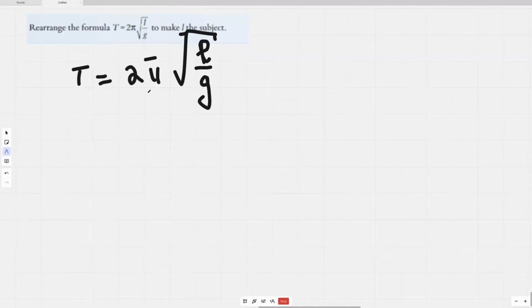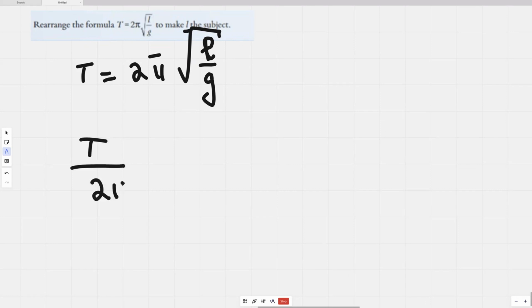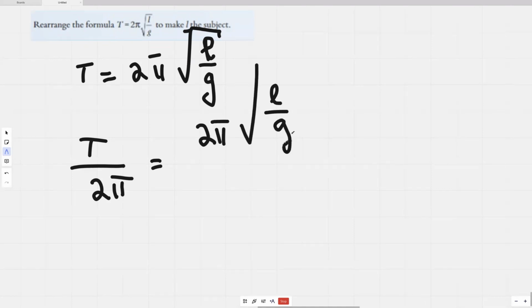I just want to divide 2 pi on both sides. This will become t divided by 2 pi is equal to 2 pi root L over G, then divided by 2 pi.